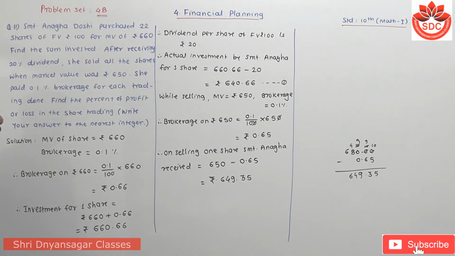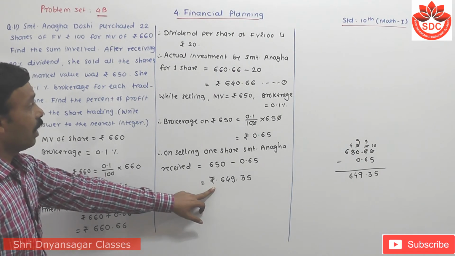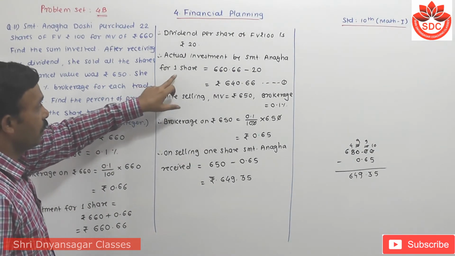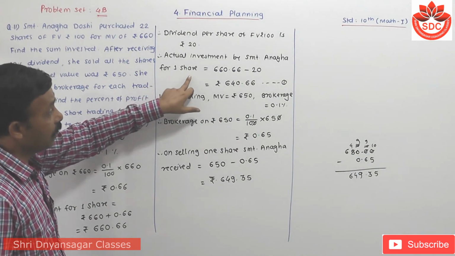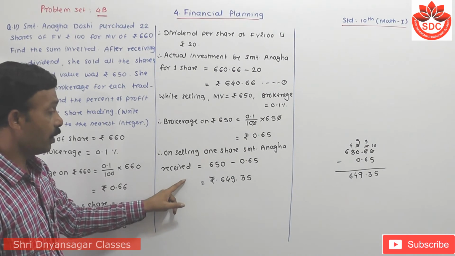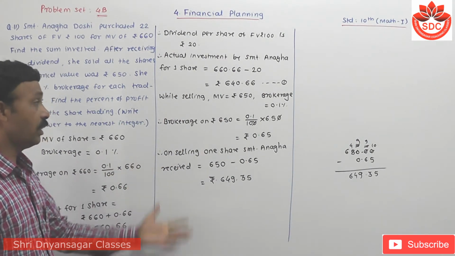Now student, look carefully. This is the amount received here, and the invested amount is 640.66. This received value is greater than the investment value, so in this transaction there is profit.